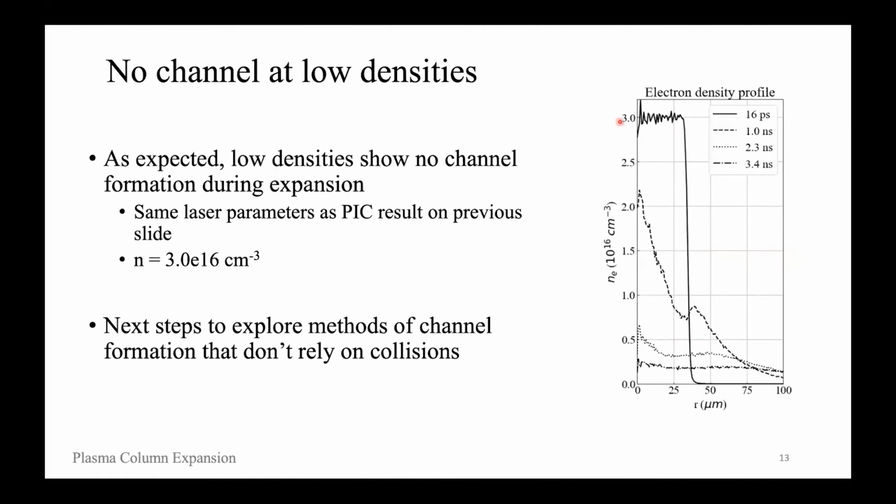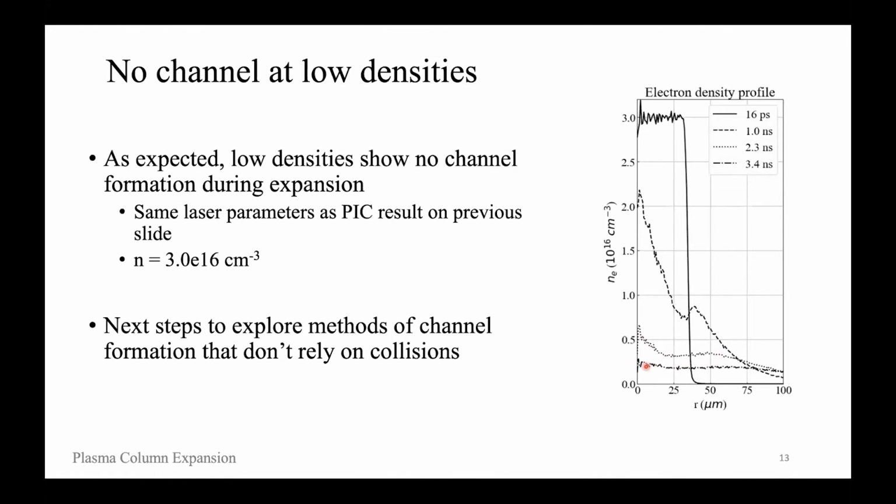It starts off with that flat top density profile. And as it starts to expand out, we get some impact ionization and a little bit of collisional effects, but you can see that it's insignificant. And by the time we've hit about 3.5 nanoseconds, there's no channel, it's pretty flat all the way across, and this isn't going to work for laser wakefield acceleration.